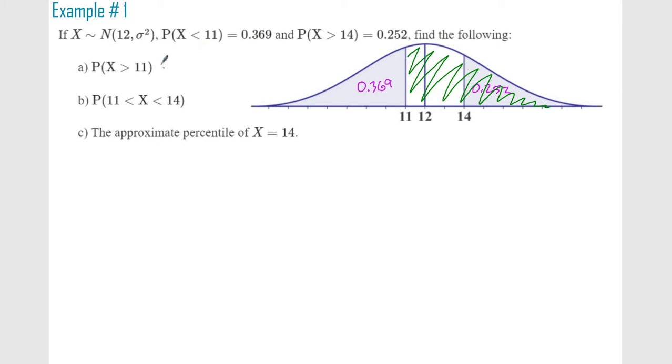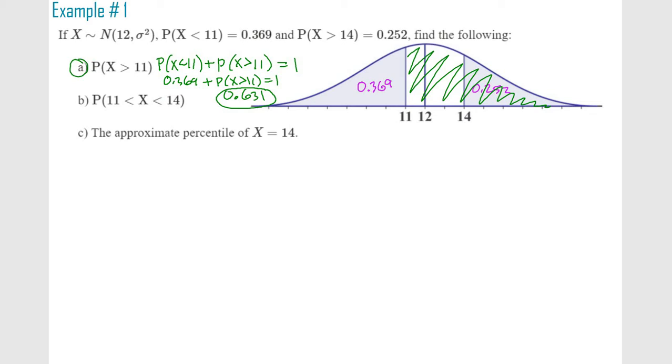I should know that the probability that x is less than 11 plus the probability of x being greater than 11 should equal 1. So 0.369 plus this probability must equal 1. Therefore, this should equal 0.631. Okay, so that's for part A.